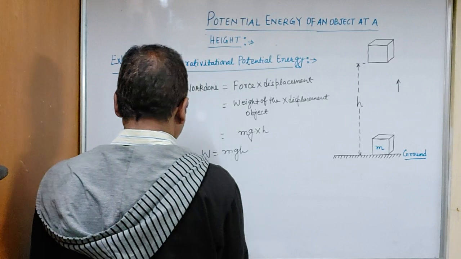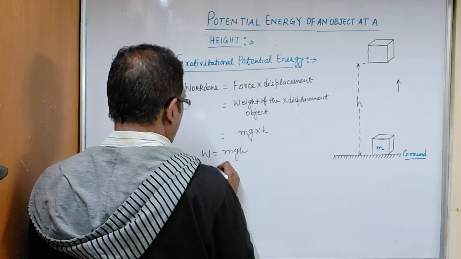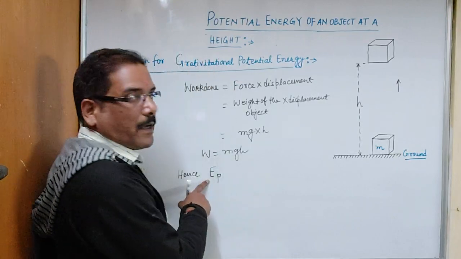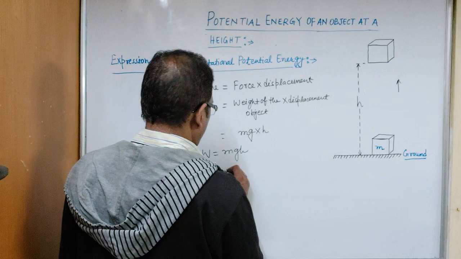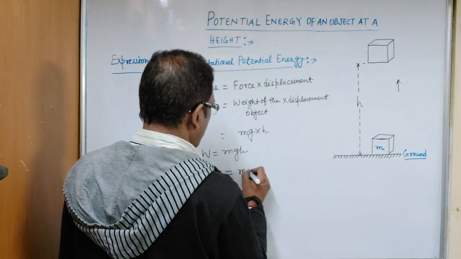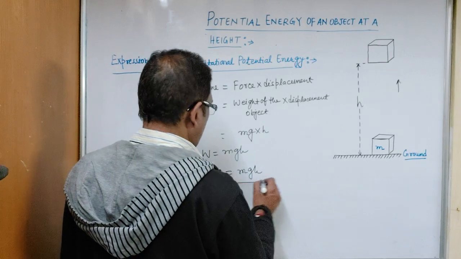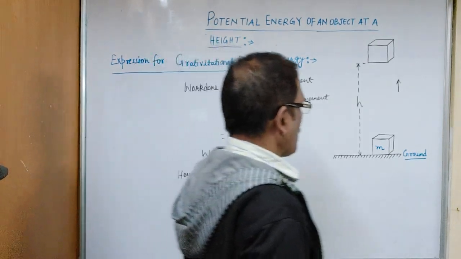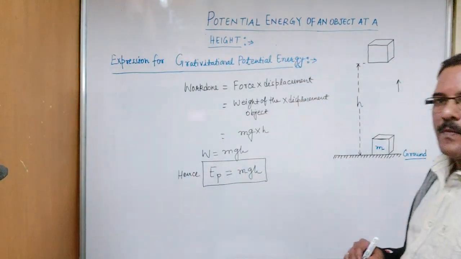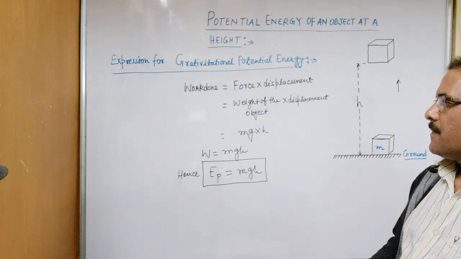Hence, we are writing EP. E stands for energy and P stands for potential. So, EP, it means potential energy is equal to mgh. So again a very important derivation, that potential energy is equal to mgh.